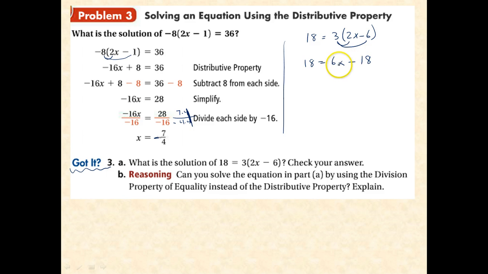Now, look at your x. What's happening around our x? We've got a times 6 and we got a minus 18. We always get rid of addition and subtraction first. So what's the opposite of subtracting 18? Adding 18 to both sides.